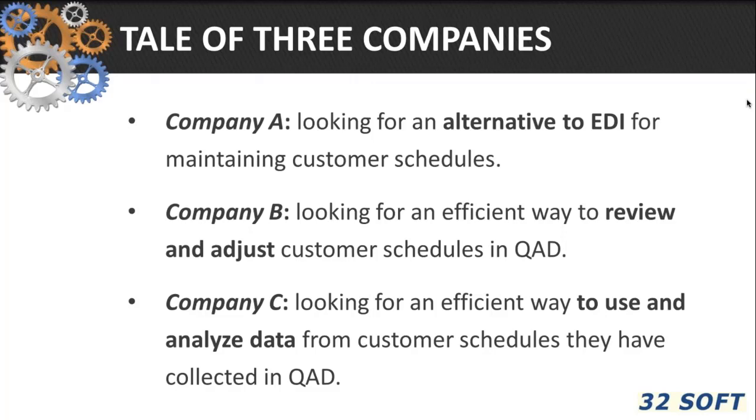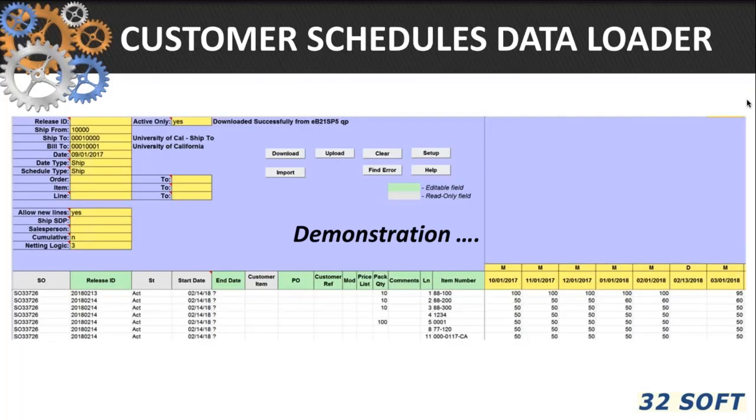Are we ready from a production capacity and inventory availability perspective to meet those changes? Are there any red flags? What actions need to be taken? I will show you how the 32Soft customer schedule data loader can help all 3 of these companies to efficiently deal with the challenges they have.